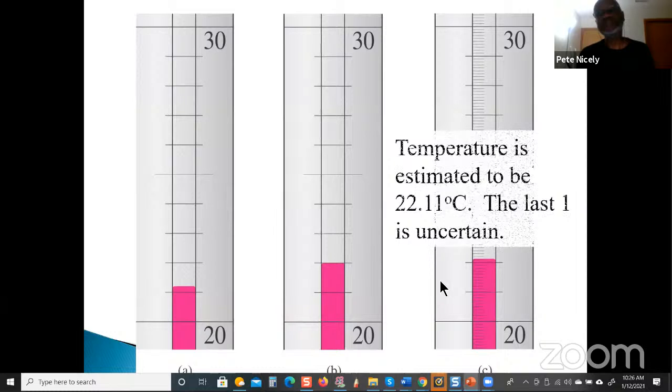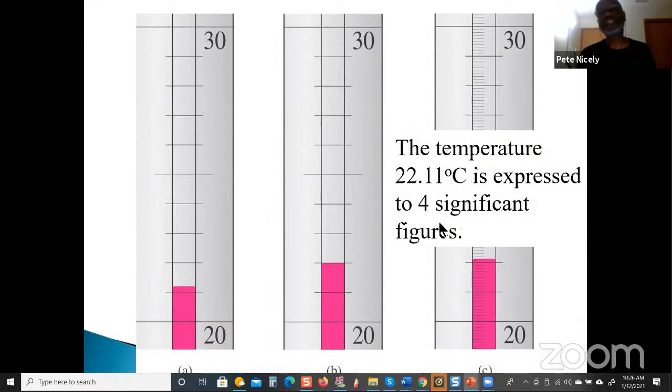Another person could say this is 22.12. Both persons are right as far as I'm concerned, because we have to estimate this digit, the second decimal place. So in this case, the total number of significant figures represented would be 4. We're certain about these 3 figures, the 2, the 2, and the 1. What we're not certain about is this last 1 right here. So we have 4 significant figures represented in this number.